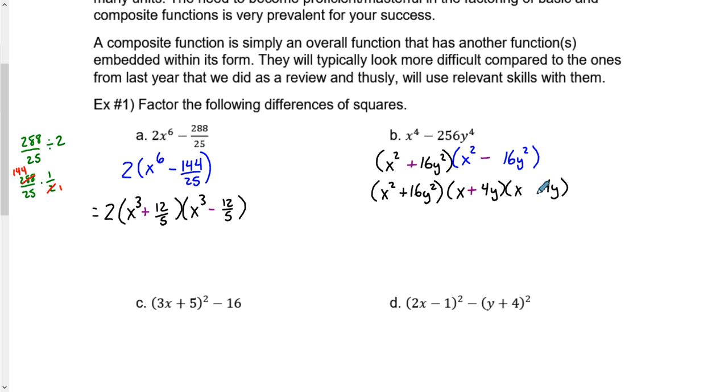Make one positive, make one negative, and we can finish off here. Even though we can take the square root of an x, it's not common practice to factor this any further because it's not really perfect squares. It's an x and a y. Even though we can take the square root of 4, because it's directly attached to that y, we're all done.